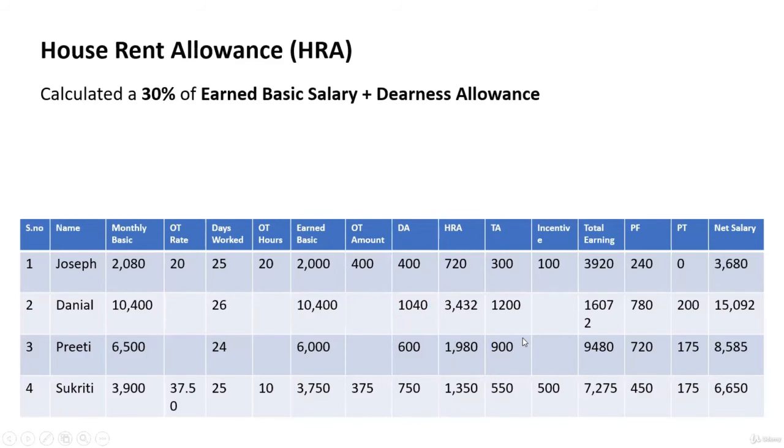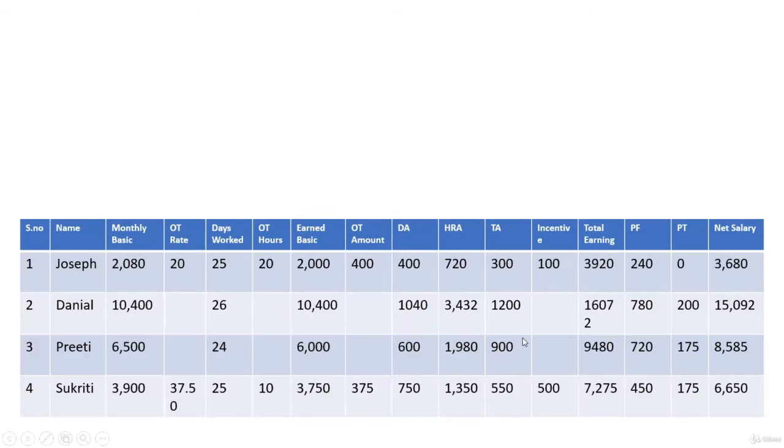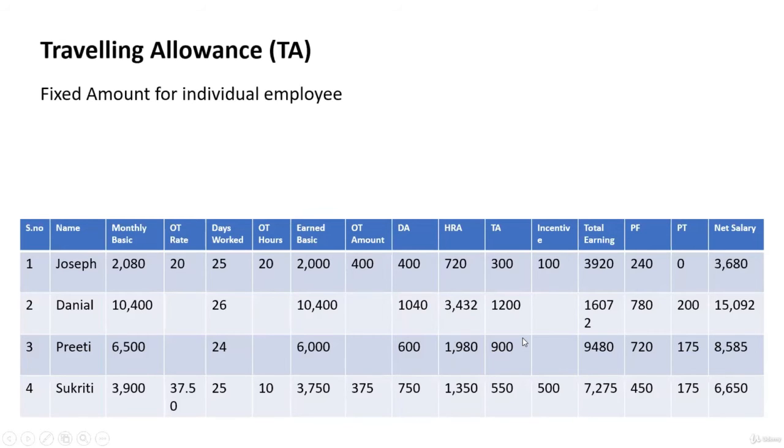Now moving forward, we are here with the traveling allowance, which we had calculated on a fixed amount basis, that a company can give a fixed amount of traveling allowance to its employees, or a fixed percentage can also be set by the company, as we had said in the case of DA and HRA. So this will also get added to the basic salary.